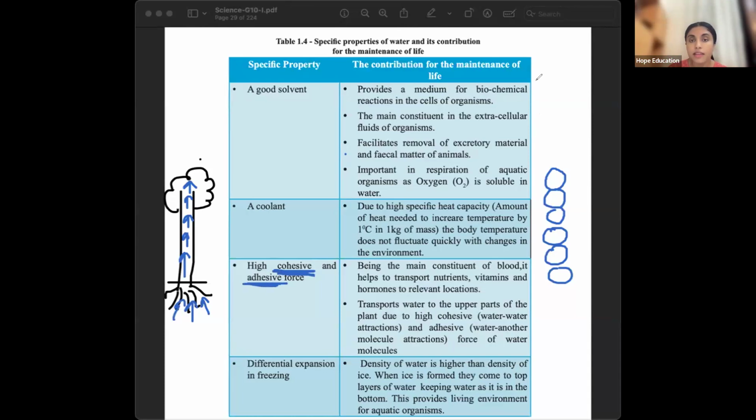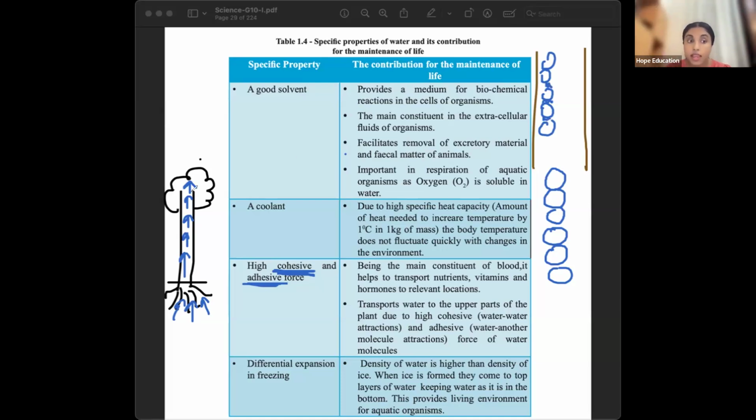Adhesive forces: imagine this is the trunk of the plant, the stem. When water molecules are moving up, I told you that between these water molecules there are cohesive forces. Cohesive means forces between water molecules.